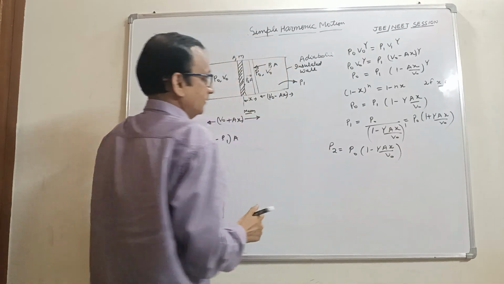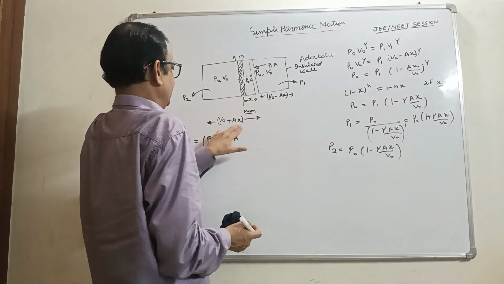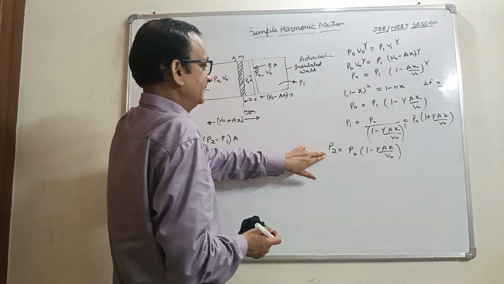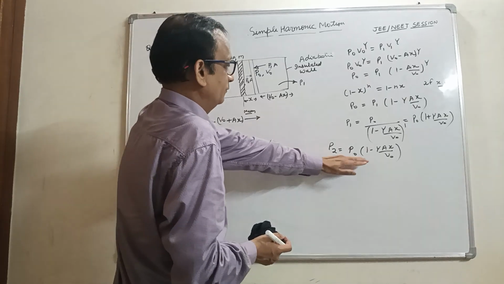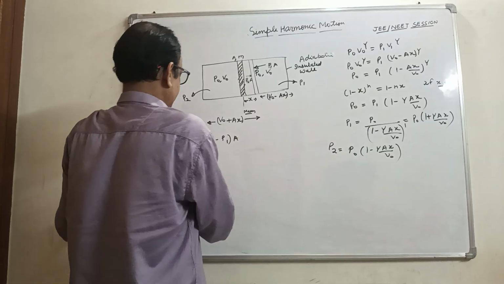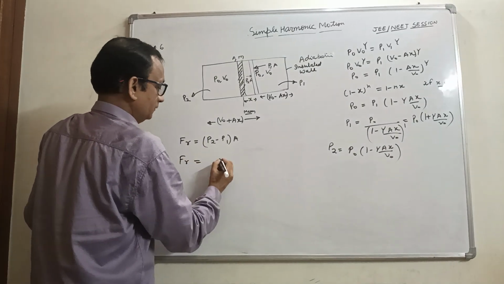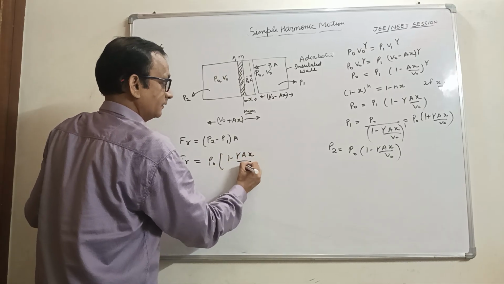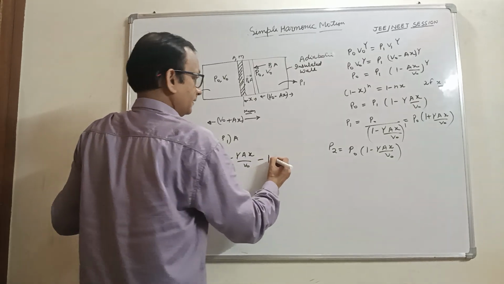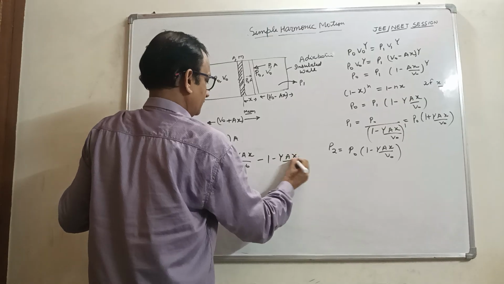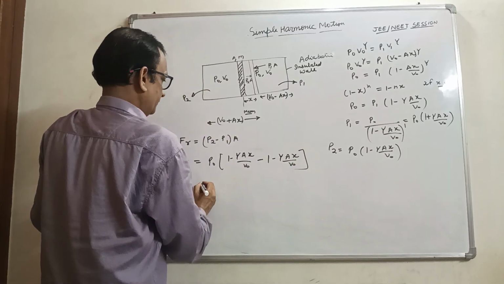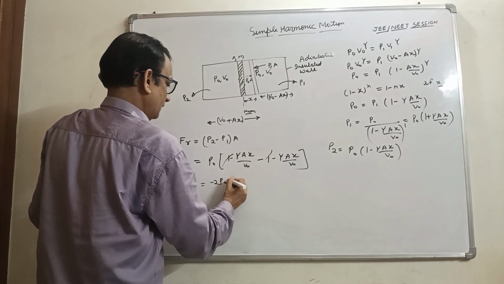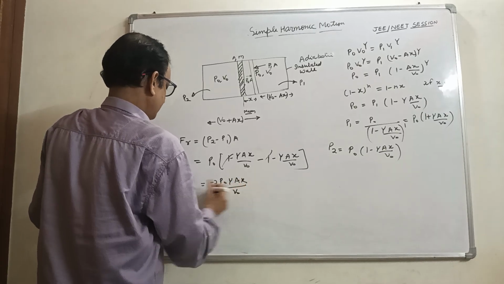Because the volume is increasing, the pressure would decrease. So we find the restraining force, that is P2 minus P1: P naught times 1 minus gamma Ax by V naught, minus 1 plus gamma Ax by V naught, and the 1 cancels out, leaving P naught times minus 2 gamma Ax by V naught. This is Fr.